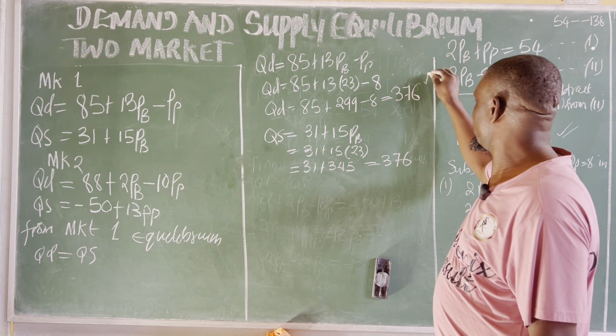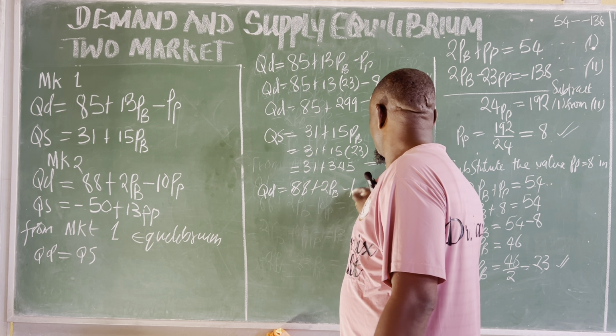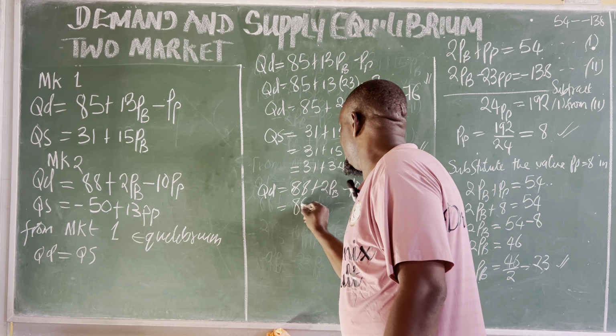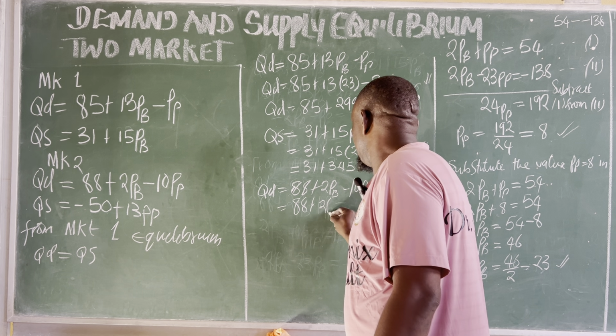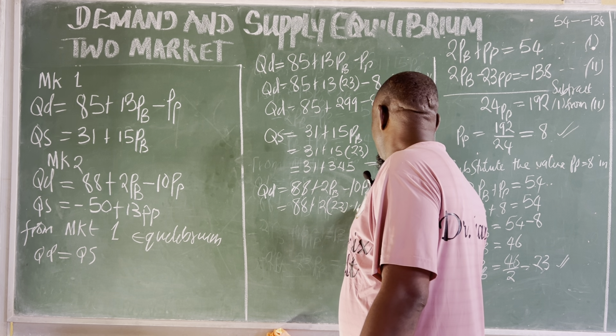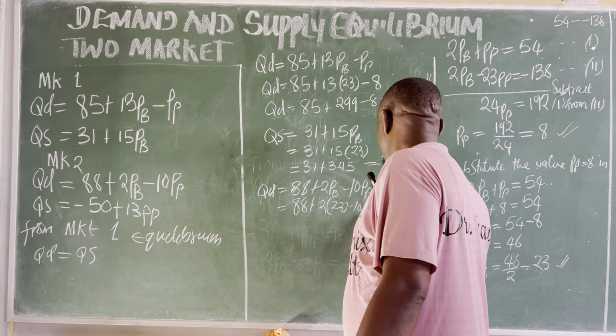Okay? Now, let's look at the equilibrium quantity demanded in the second market. So in the second market, our QD is equal to 88 plus 2PB minus 10PP. So this is equal to 88 plus 2 times our PB, which is 23, minus 10 times our PP, which is 8.